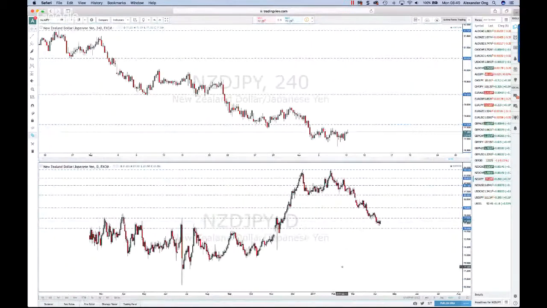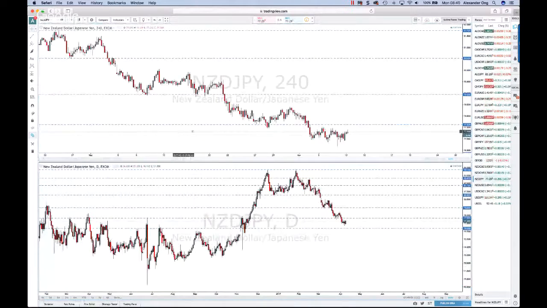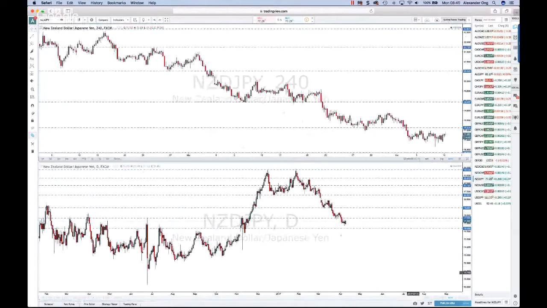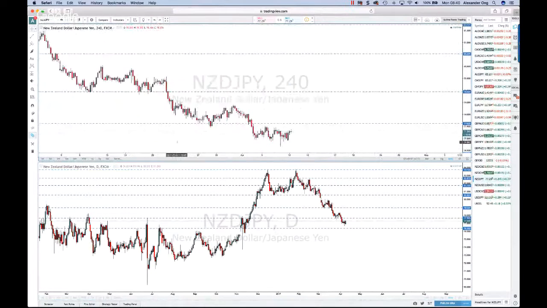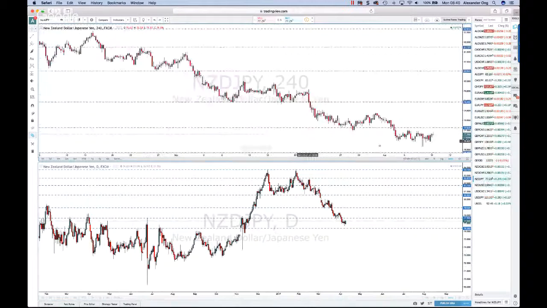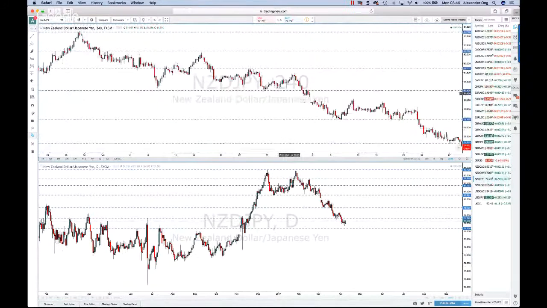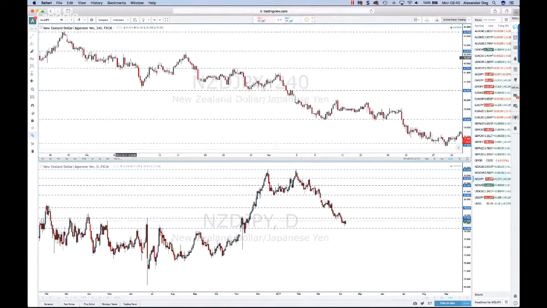New Zealand yen, well, I think this is due a pullback, even though the market is decidedly very, very negative at the moment. It is due a little bit of a pullback somewhere, because as we can see here, it's just sold through level upon level upon level without giving it so much as a thought of a pullback.